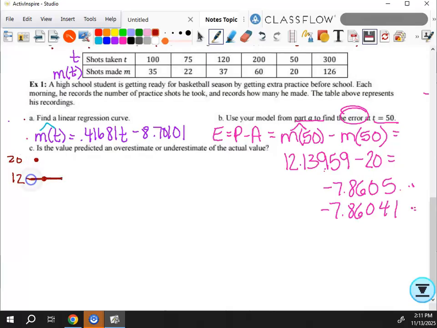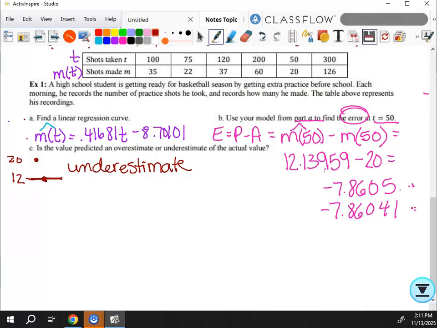Is my line above or below that point? Below. It's under it, so that means the line is an underestimate. We don't care about being positive or negative because you could get that easily mixed up. Okay? And I'm showing you that because obviously you can see that 12 is less than 20, but you might not always have the data in that obvious of a situation.